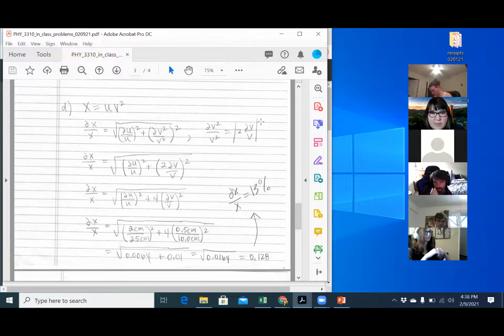And we did this last time. The simpler way of writing delta v squared over v squared is 2 times delta v over v. And we substitute that in for the fractional uncertainty of v squared. And then I just pulled the 2 out. 2 squared is 4. And I substituted values and got 13%.